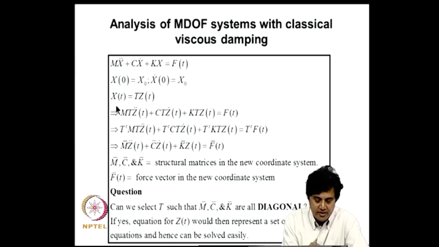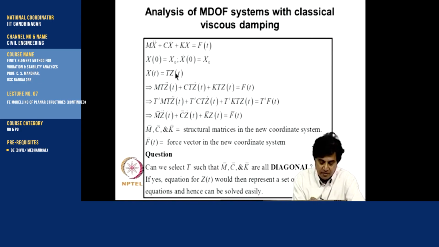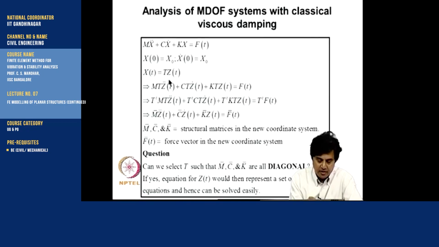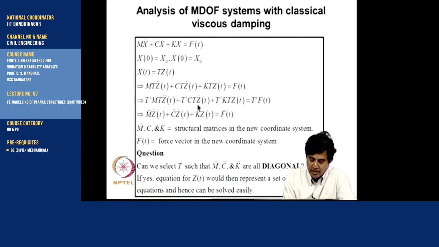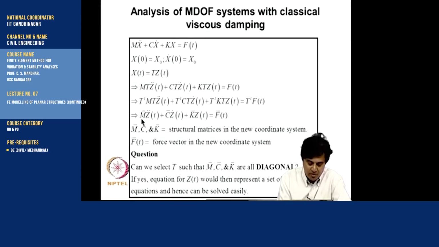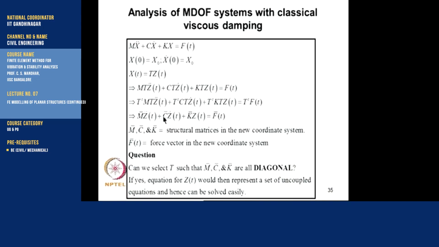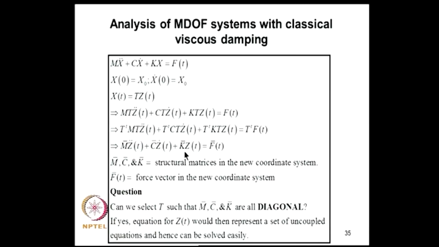What I wish to do is find a transformation x of t equal to T z. So, let us propose this transformation, and if you substitute this into the governing equation and pre-multiply by T transpose, I get this equation. Now, in the transformed coordinate system, the mass matrix is M bar, which is T transpose M T, the damping matrix is C bar, which is T transpose C T, K bar is the transformed stiffness matrix, which is T transpose K T, and F bar is T transpose F. Why are we interested in doing this transformation?